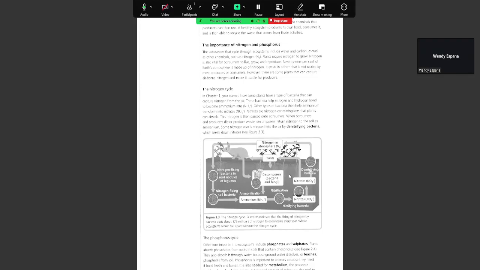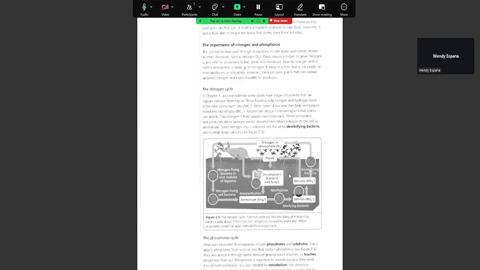If we have too much nitrogen, and remember sometimes we can add fertilizers, other types of things to the soil to make it richer. However, that can also cause too much nitrogen to be produced, and then we get some problems with that where we get algal blooms. Remember, we have too many plants growing, and if too many plants grow, then that causes the plants beneath not to get any oxygen and not to be able to undergo photosynthesis.